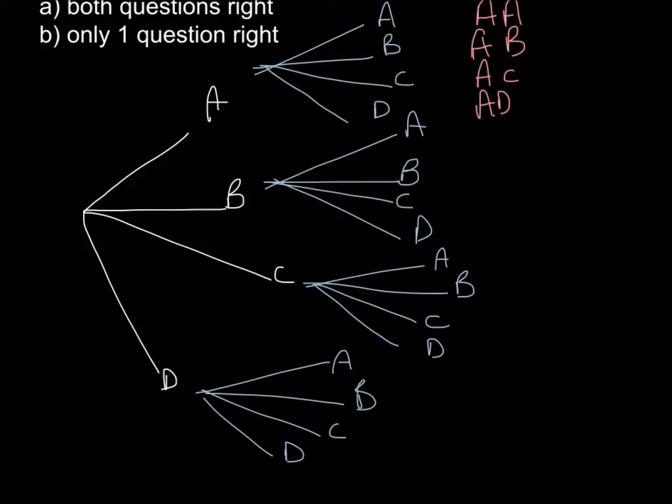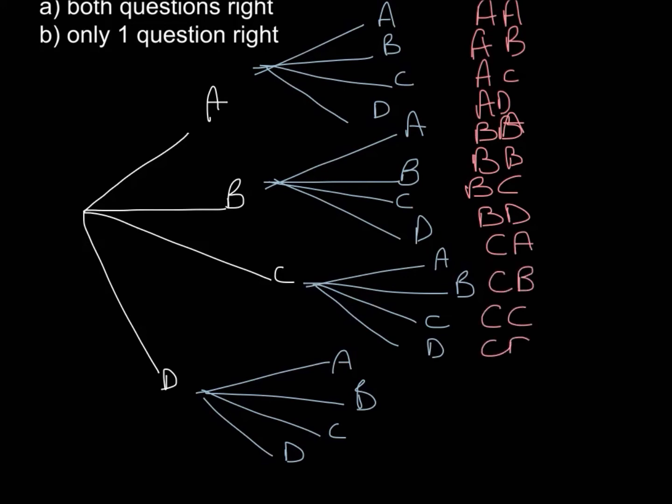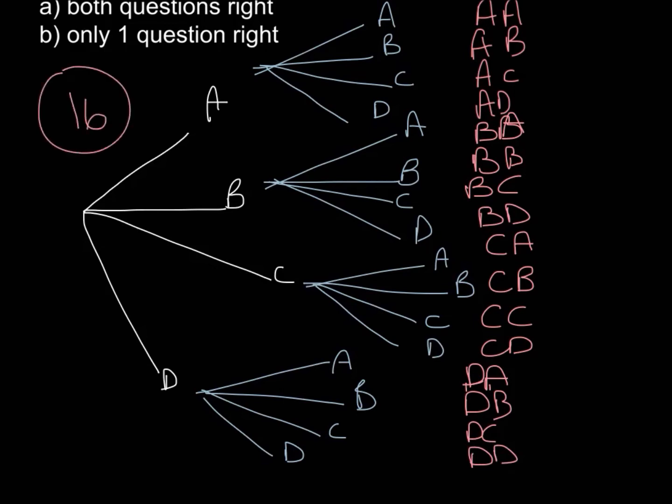So we've got BA, BB, BC, and BD. Then we could have chosen C and A, C and B, C and C, C and D, and the last one, D and A, D and B, D and C, and D and D. So you can see now that there's actually 16 different combinations of answers we could have chosen.